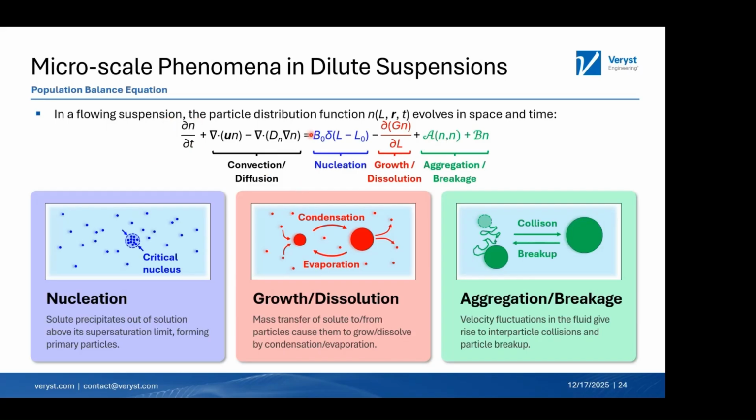On the left are the typical transport phenomena you see in flow. So you have convection of probability and diffusion of probability. On the right are essentially source terms that govern exchange between particles and the solute dissolved in the fluid, and between particles. All right, so the first term is nucleation.